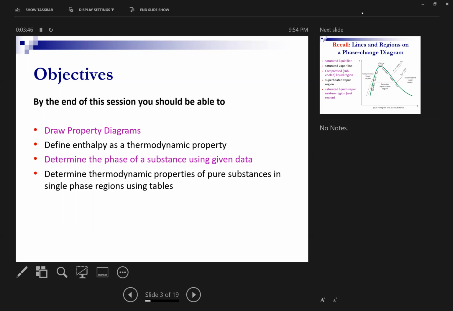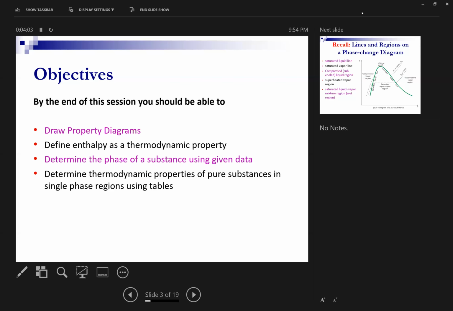All right, this is very important. We will practice a little bit on this one, and you will learn by the end of today how to do that. You should be able also to define the concept of enthalpy as a thermodynamic property, right?